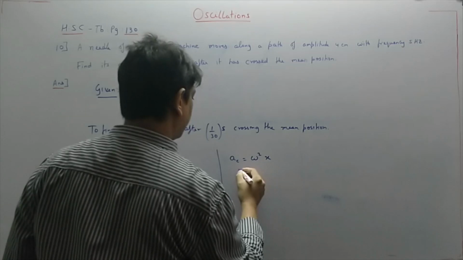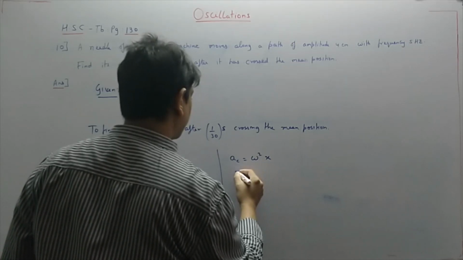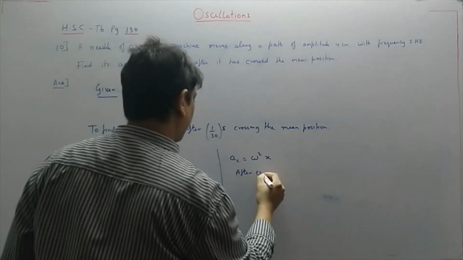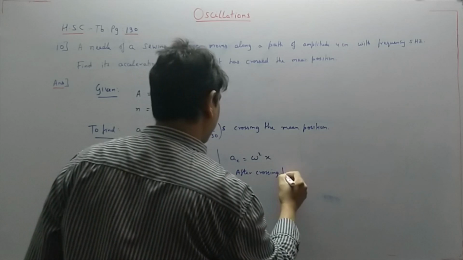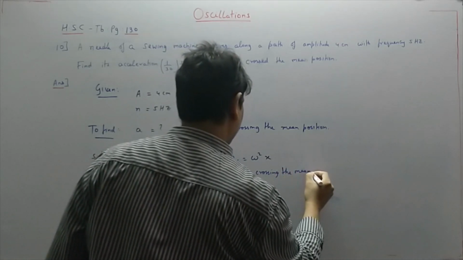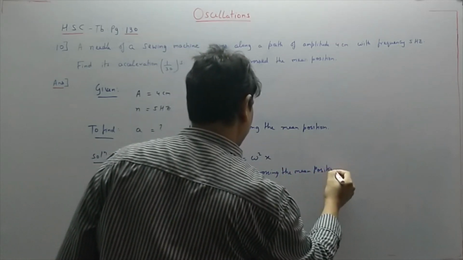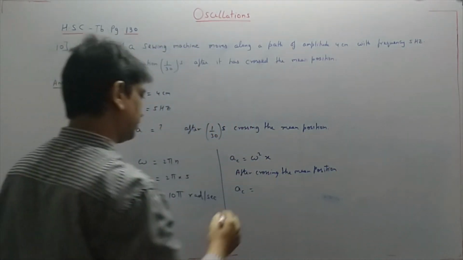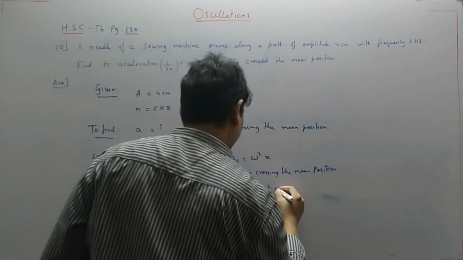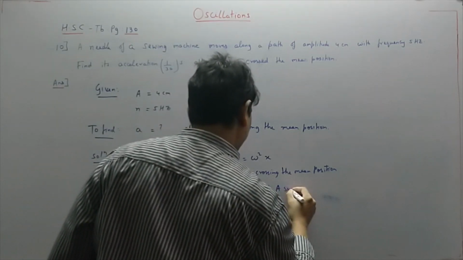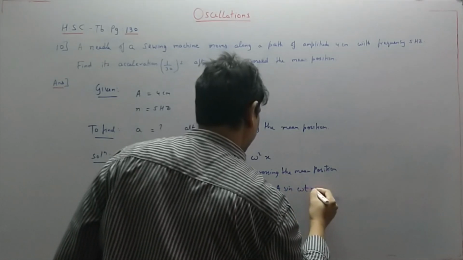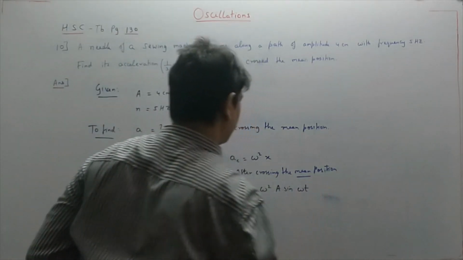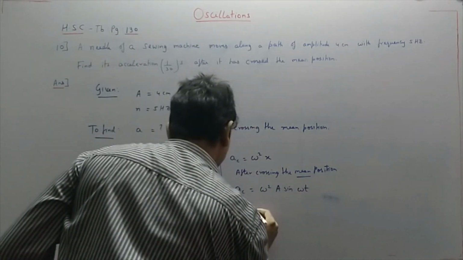After the particle crosses the mean position, x is a sin omega t, where the phase constant is 0.